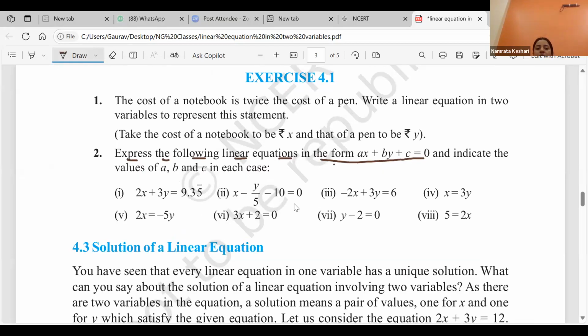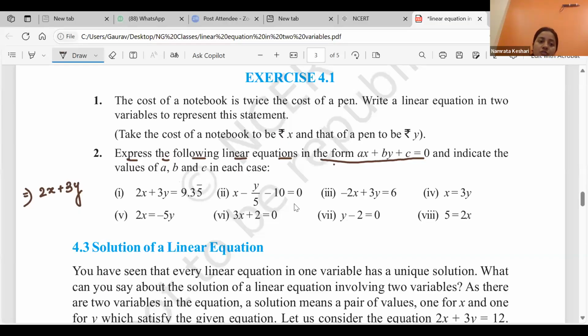Let's do the first one. Here we already have 2x, already 3y, and whatever is there on the other side, even if it is a rational number, irrational number, terminating or non-terminating decimal, it is completely fine. In the first chapter, number system, you learned that a number can be in any form: 3.5, just 3, root 3, or 9.35 bar.